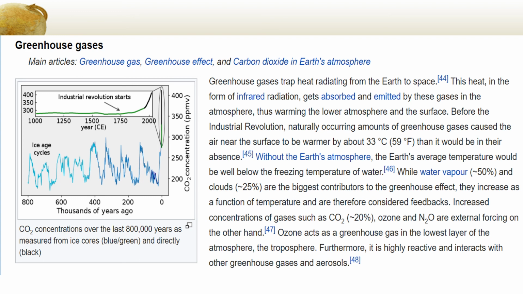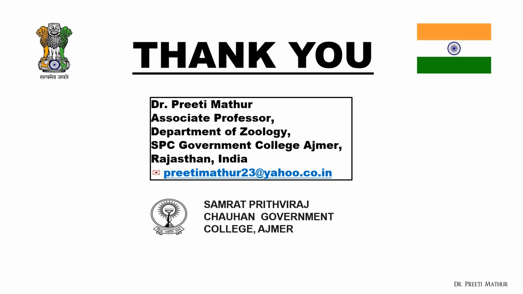On the other hand, ozone acts as a greenhouse gas in the lowest layer of the atmosphere, the troposphere. It is highly reactive and interacts with other greenhouse gases and aerosols. So now that's all about greenhouse gases, students.